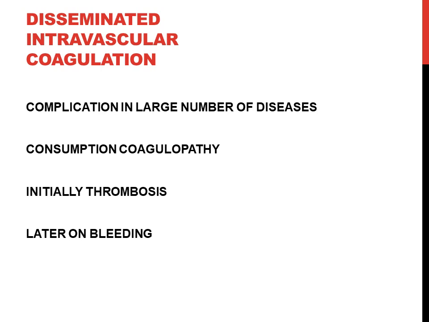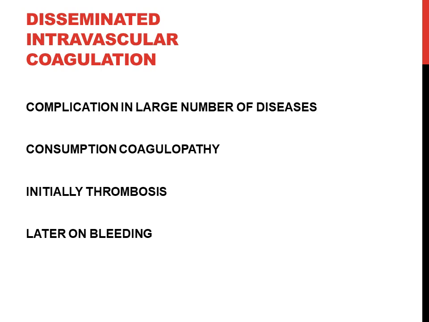In DIC, the processes of coagulation and fibrinolysis are both dysregulated, and as a result there initially occurs widespread clotting throughout the vasculature. When all the coagulation factors are consumed by this clotting, it results in bleeding, and this is the reason it is also called consumption coagulopathy.